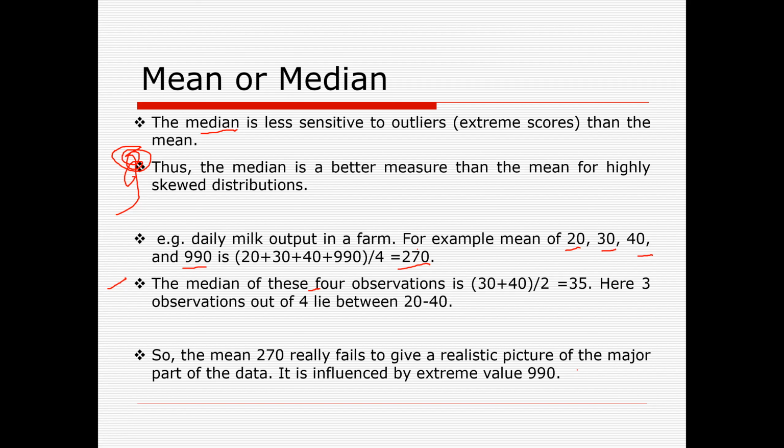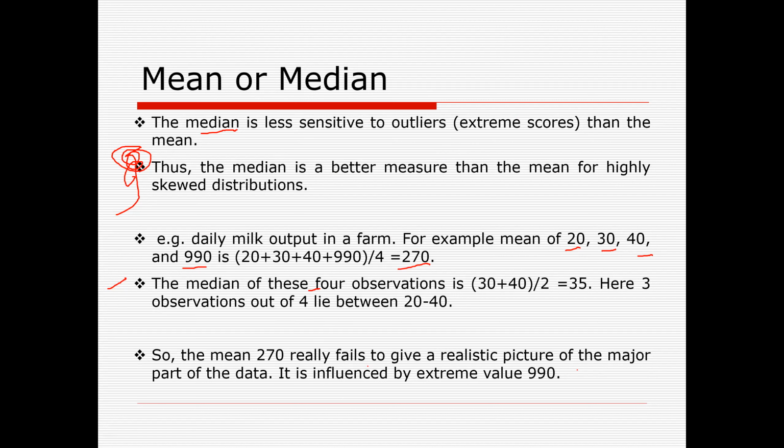Now, if you want to judge the average daily milk output on the farm for the past days and you took the average and got 270, you will misunderstand. The information you put out about the ability of the farm will be misleading. You get what we are trying to say now? Yes, sir.